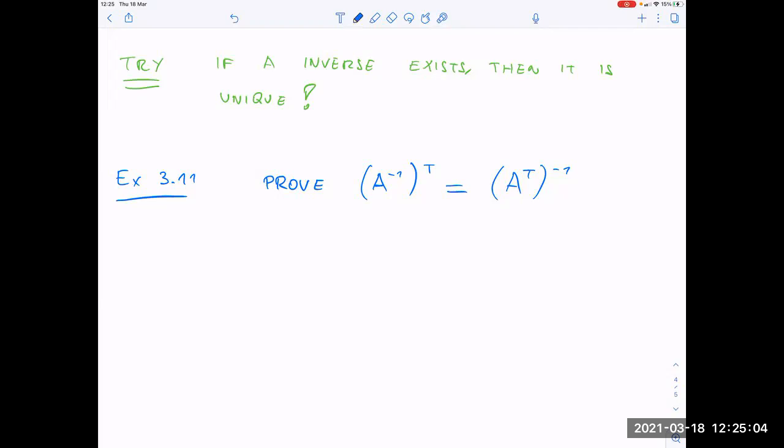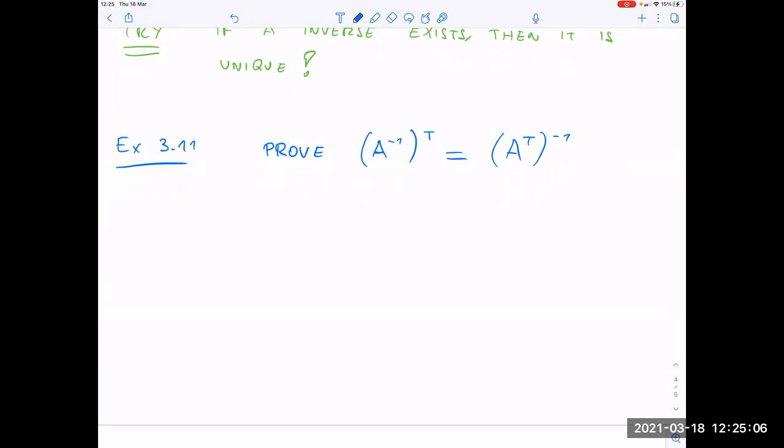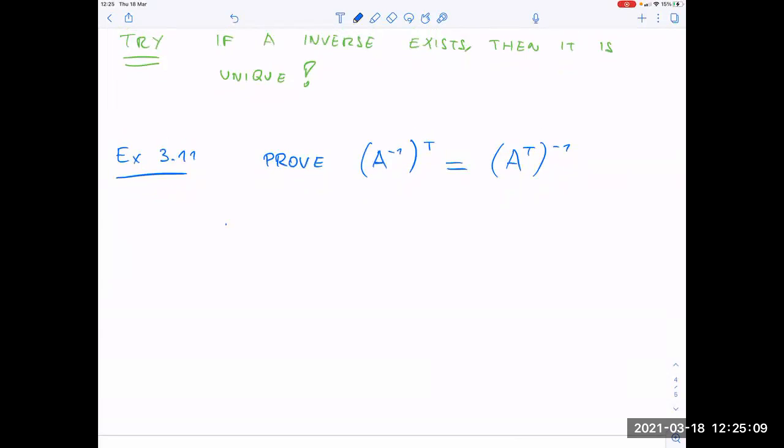So how can we do this? What you have to do is to ask yourself, what is the product of A transpose times A transpose inverse?